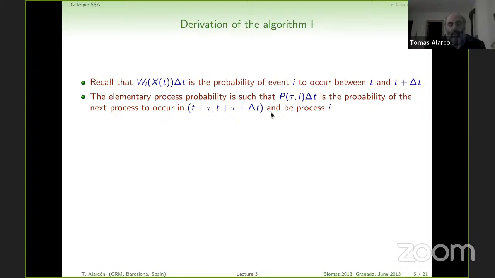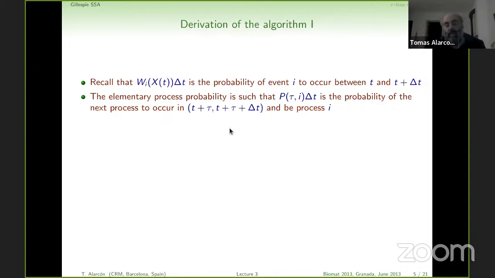We want to know the probability that the next event occurs after a time tau has elapsed. This is very much related to the waiting time probability.